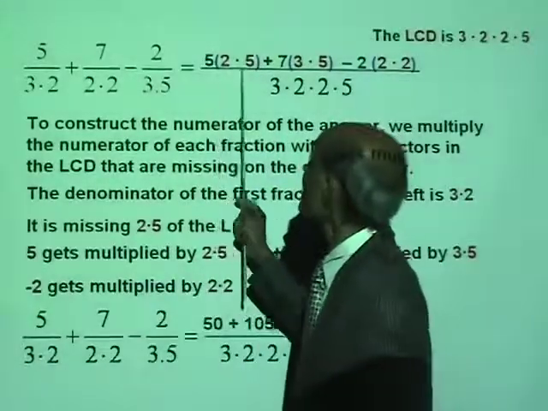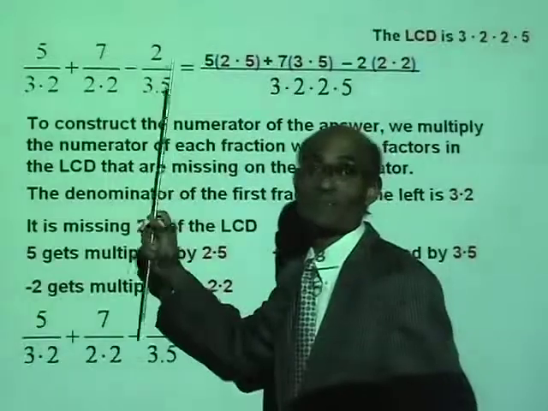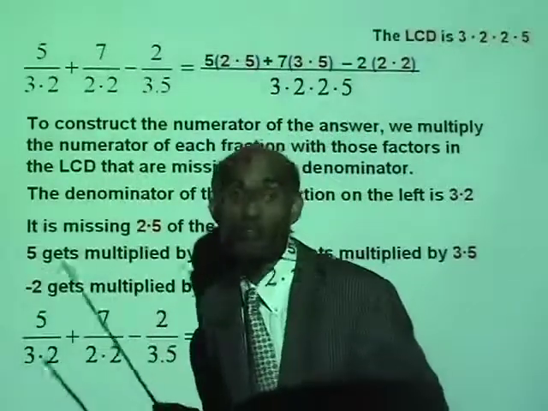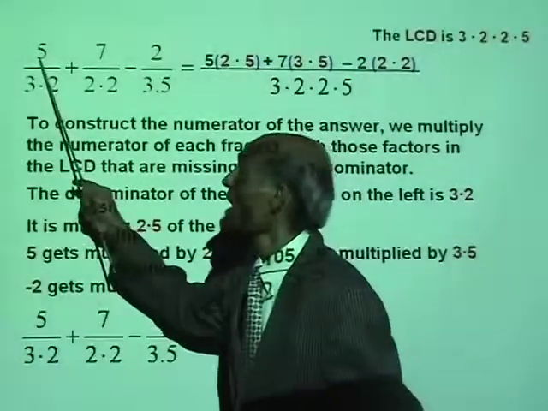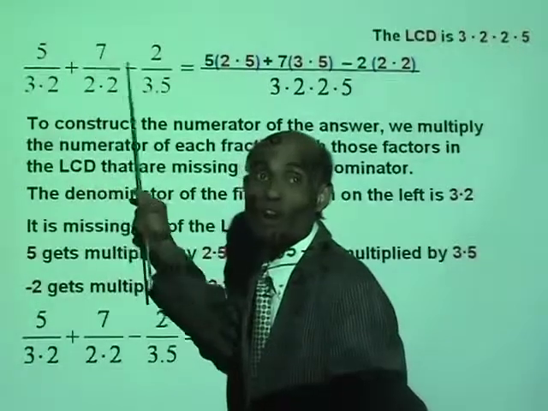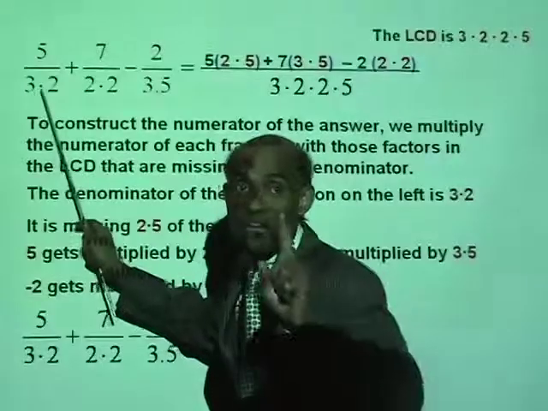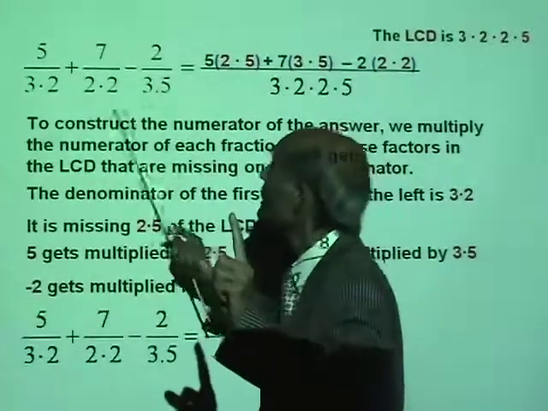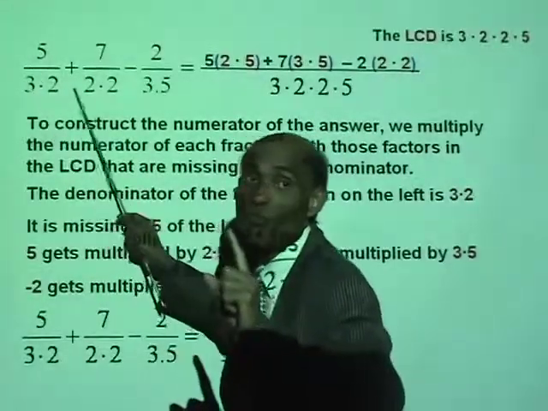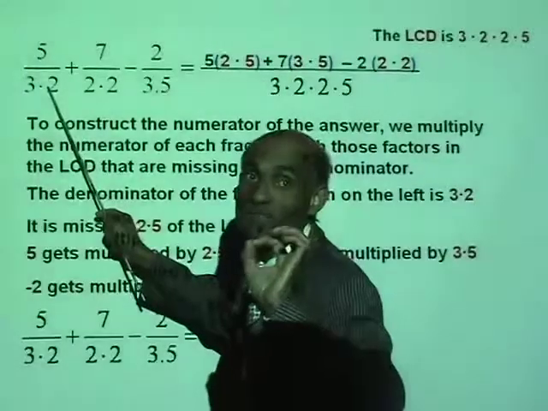How do we construct the numerator? To construct the numerator, we multiply each numerator of the rational expressions by those factors in the LCD that are missing in its denominator.